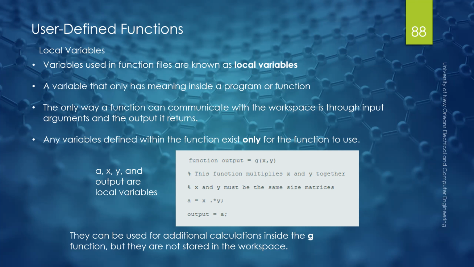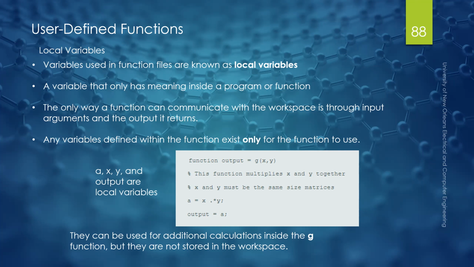In essence, a local variable is a variable used within the function itself. It only has meaning inside the function you're defining. The only way a function can communicate with the workspace is through input arguments and the output it returns. Any variables defined within the function exist only for the function to use.